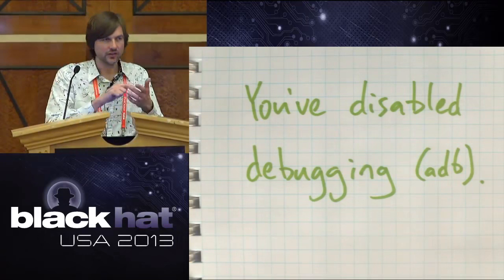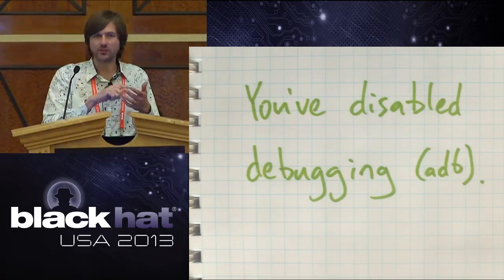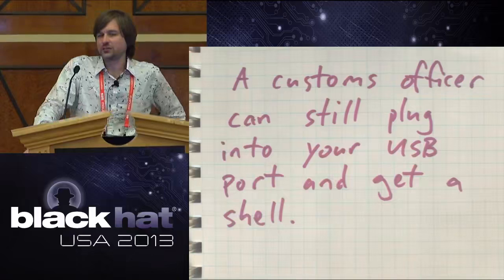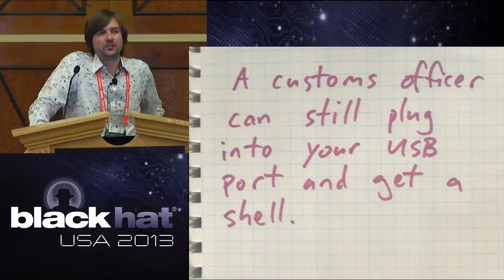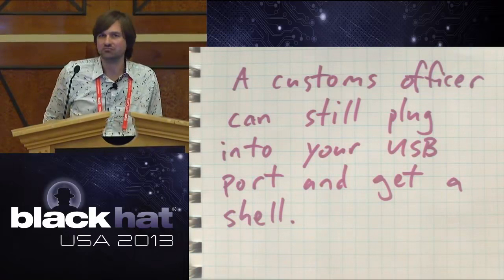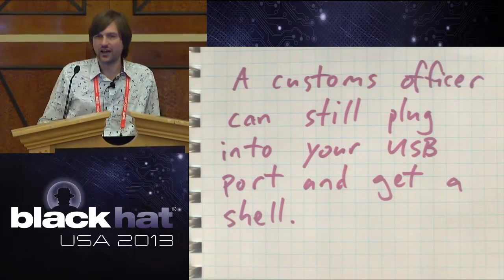You go into your phone and you select USB debugging off. Somebody like a customs officer could still grab your device, plug something into your USB port, and get a shell. And we're going to show you how that can happen.